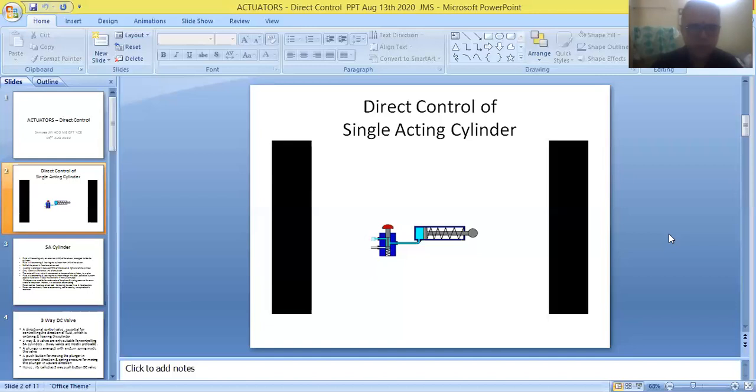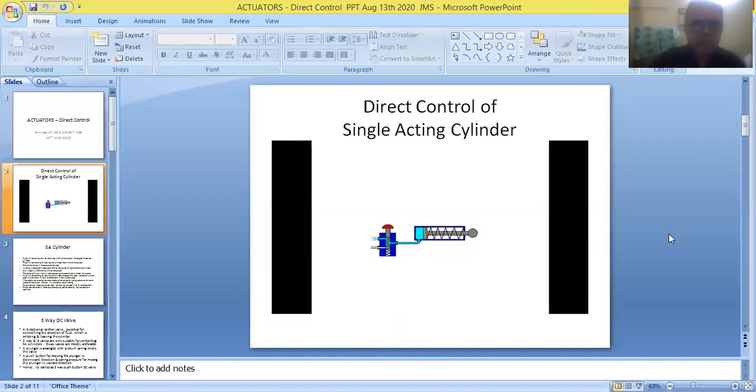These cycles of operation will continue as long as the circuit is in working condition. So friends, this is about the various parts and arrangement of a single acting cylinder.